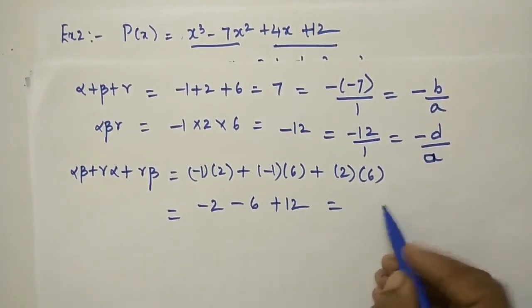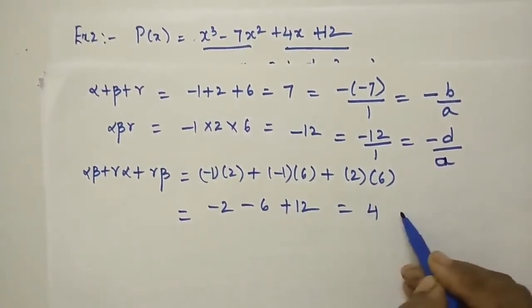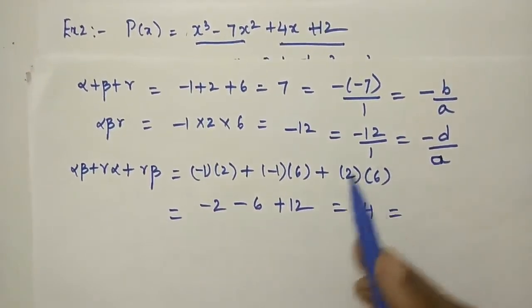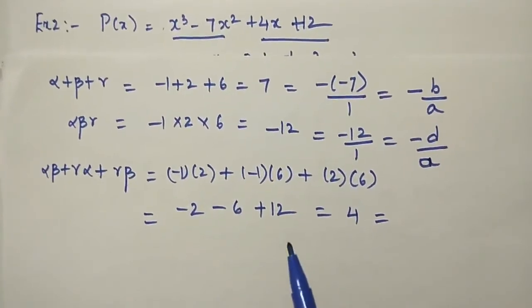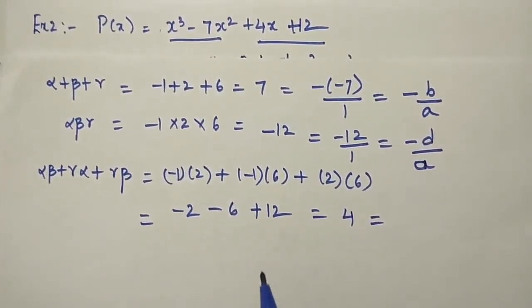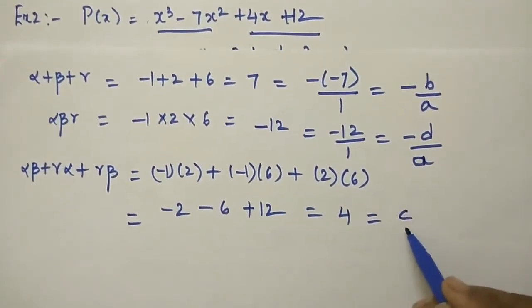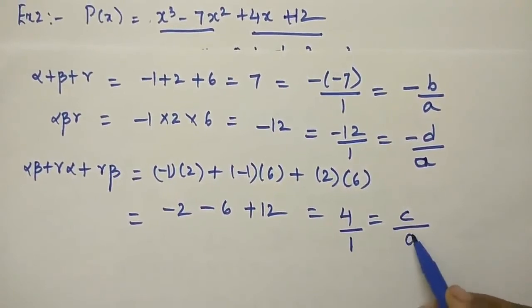This is equal to 4. Okay. 4 is nothing but the quotient of x. In the general algebraic expression we have denoted it as c. So write down here c, and here 4 can be written as 4 by 1. Is it not? So it is c by a.